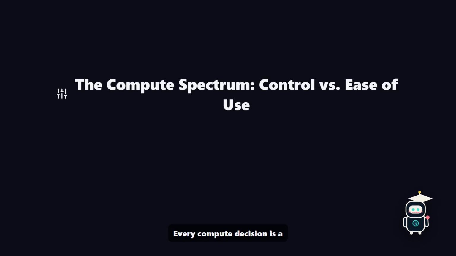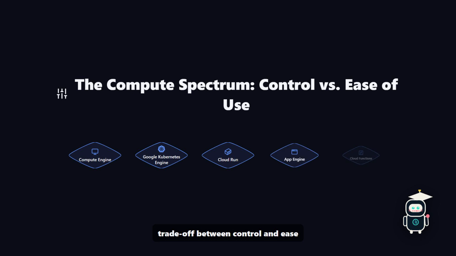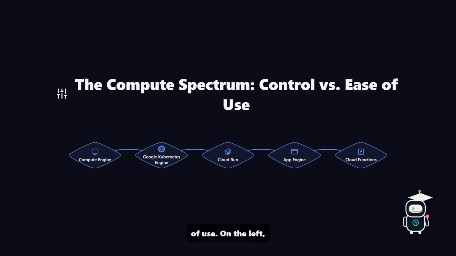Every compute decision is a trade-off between control and ease of use. On the left, Compute Engine gives you full control over the VM. You're the landlord managing the whole building. On the right, Cloud Functions handles everything. You just drop in code.